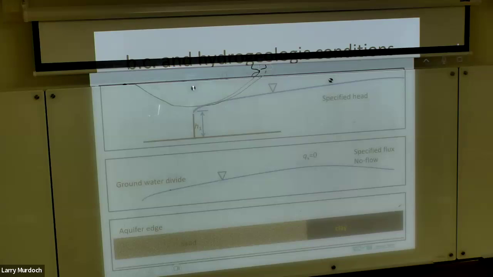Groundwater divide, so right here, the flow is 0. So we could represent that as a no flow condition. Another scenario that's fairly common is where we have a big contrast in hydraulic conductivity, going from a sand to a clay, for example. In which case, the low hydraulic conductivity of the clay would mean that the flow in the clay is small, typically, compared to the sand.